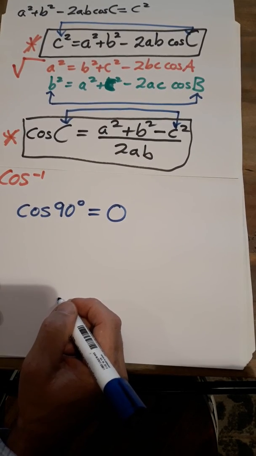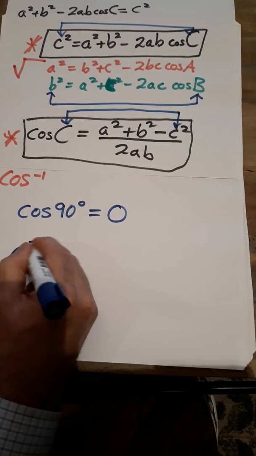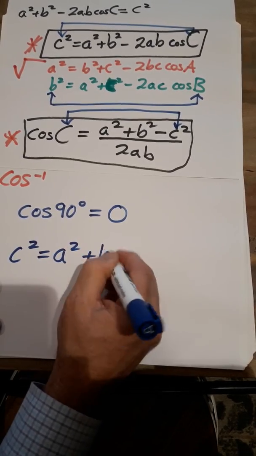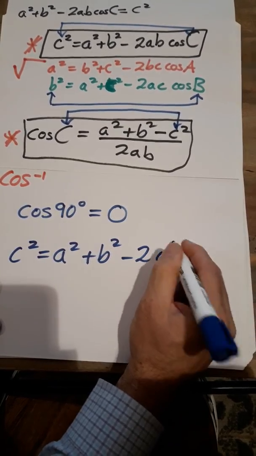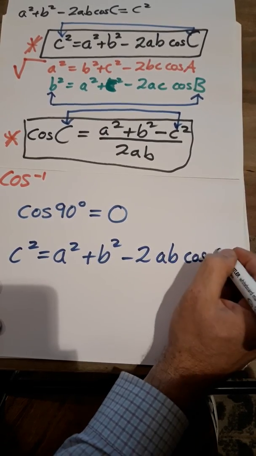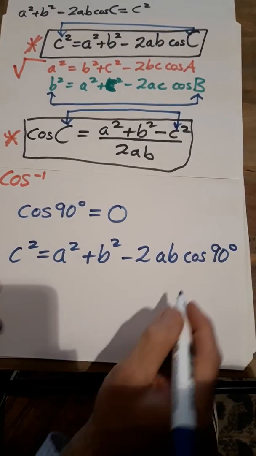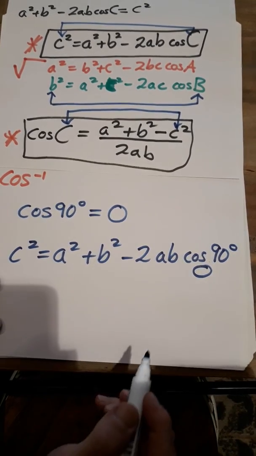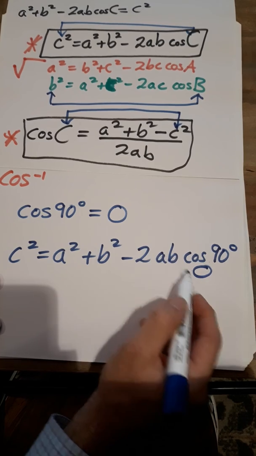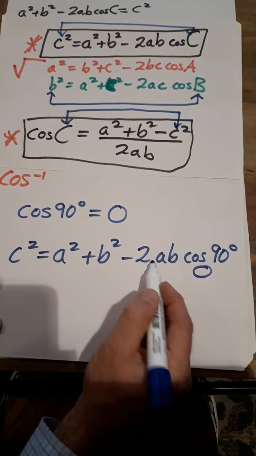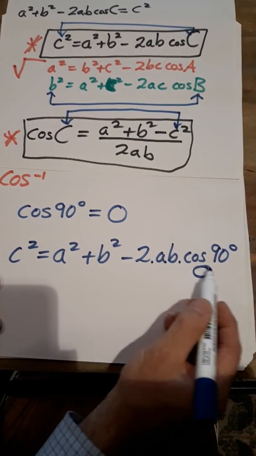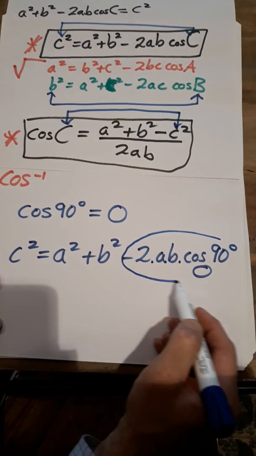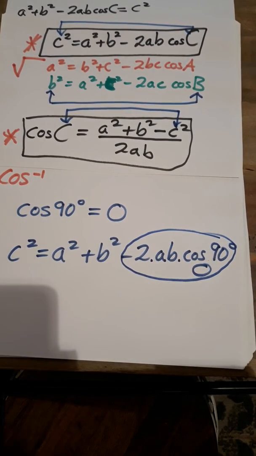So if you had a right-angled triangle and you're going c squared is a squared plus b squared minus 2ab cos 90, cos 90 is 0. And because these are all being multiplied by 0, this whole term here will be 0. It'll wipe out that end term if your angle in the triangle is 90.